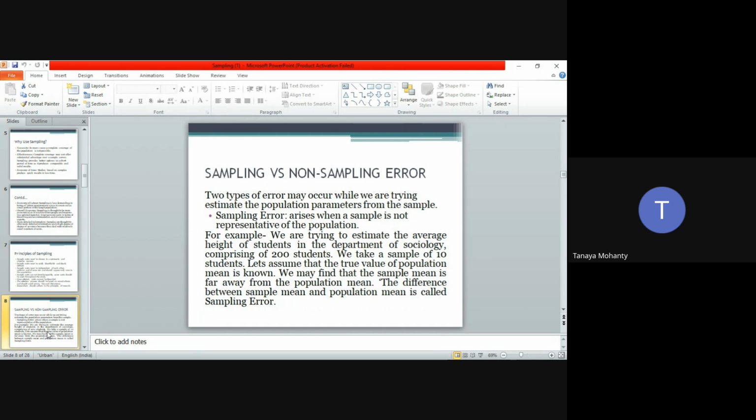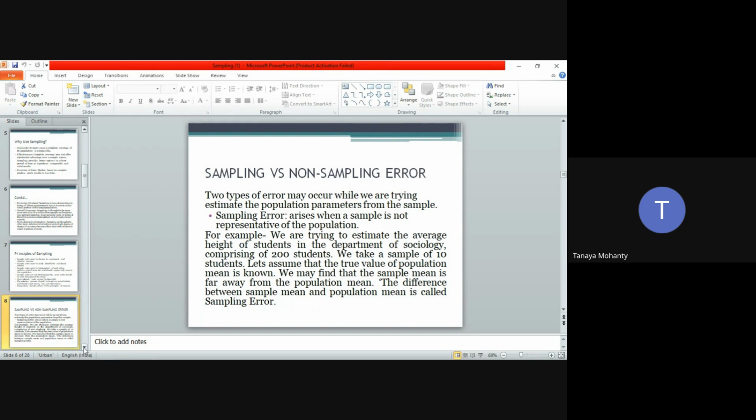Now I arbitrarily choose 10 students in that classroom of 200 and calculate the mean of their heights, and it comes to around, say, 5 foot 8 inches. You will find that there is a big gap between the sample mean and the population mean, and that is what is called a sampling error.